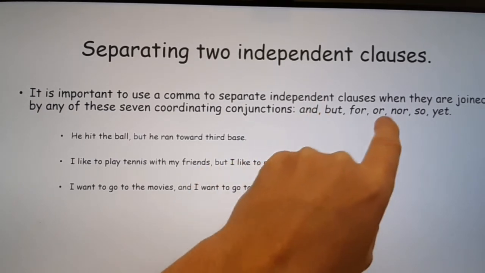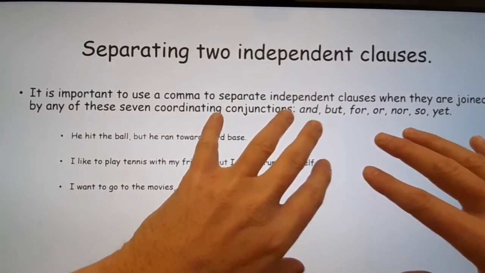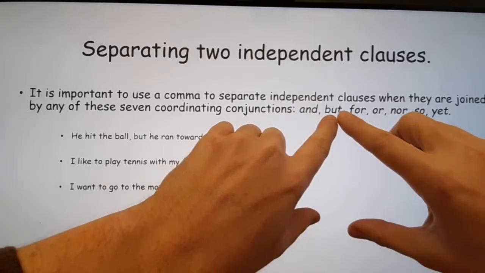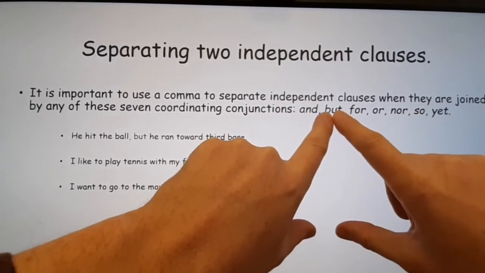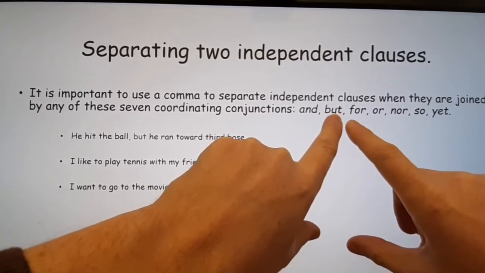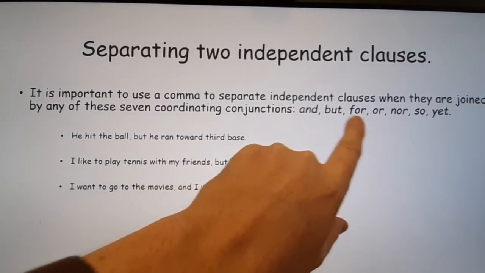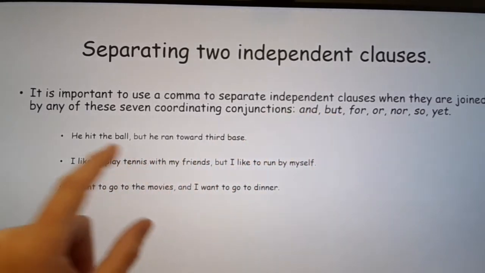The conjunctions basically are going to separate the two ideas in one sentence, whether it's a comparison or a contrast like but, on the other hand, however, and things like that. So with our conjunctions: and, but, for, or, nor, so, yet, these are typical ones.